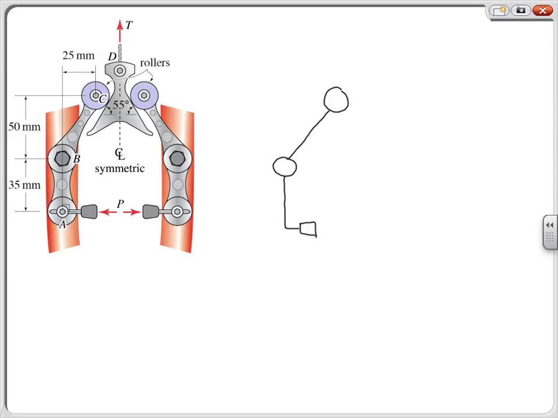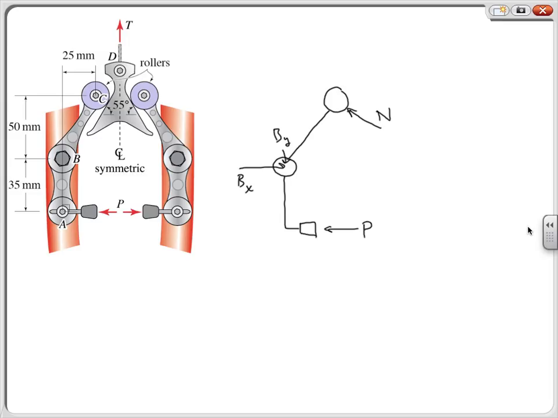And we've already got our value of the contact force N here. And we have our bearing forces Bx and By. And our brake pad force P.